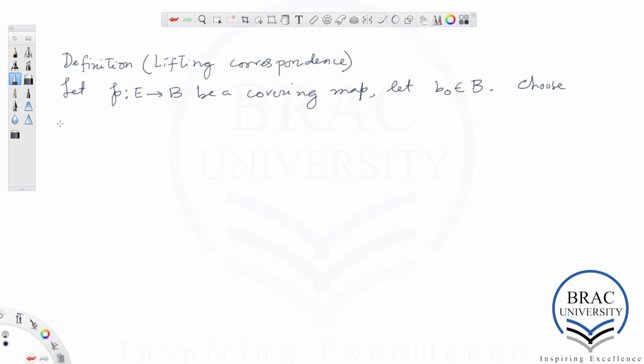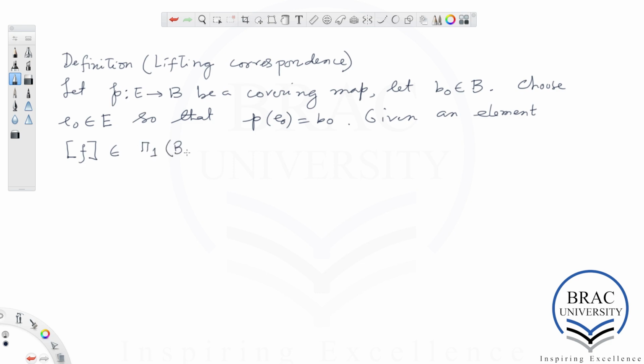Choose the point E0 of the covering space E so that P of E0 is equal to B0. Given an element, the class of F being in the fundamental group of B with reference to the base point B0.